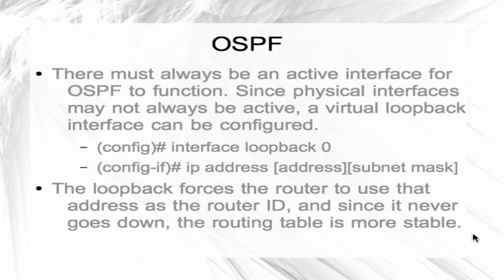And then you type in an IP address, the IP, and the subnet mask, and press enter, and that's it. Okay. So like I said, the loopback forces the router to use that address as the router ID. And since the virtual interface is never going to go down, it creates a more stable routing table.